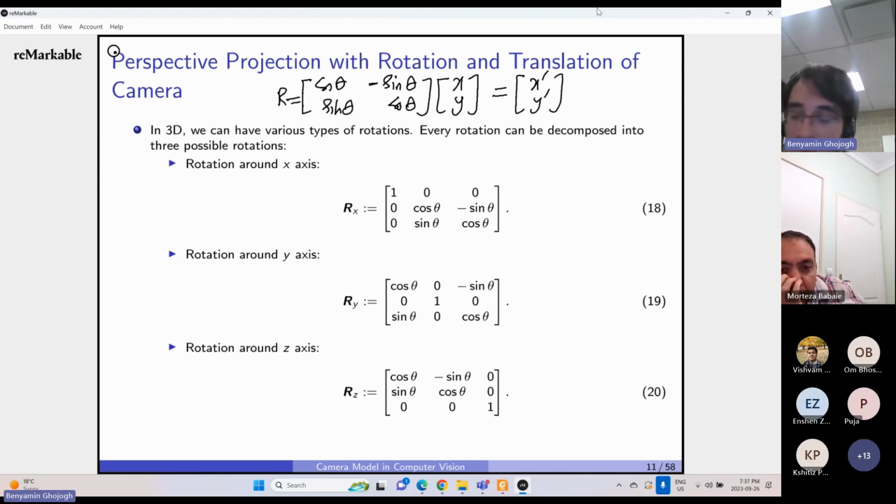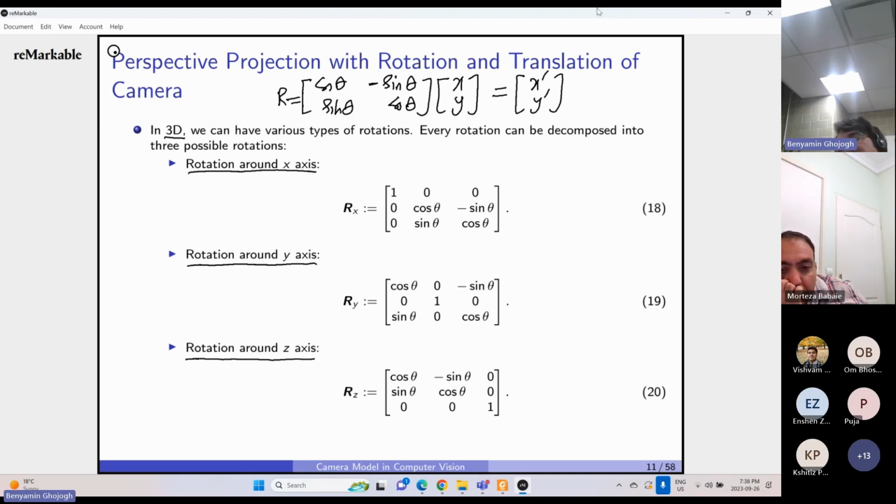So, but now what about the 3D? In 3D, we can have rotation around the x-axis, rotation around the y-axis, rotation around the z-axis. And if we have a mixture of rotations, because we can have rotations around both x and y, then you can decompose it into two rotations.